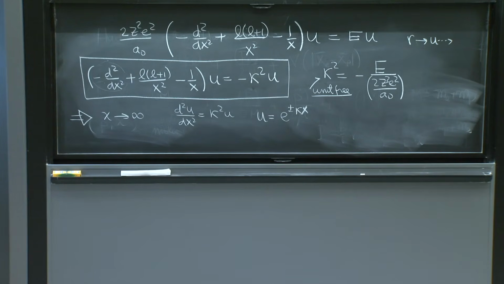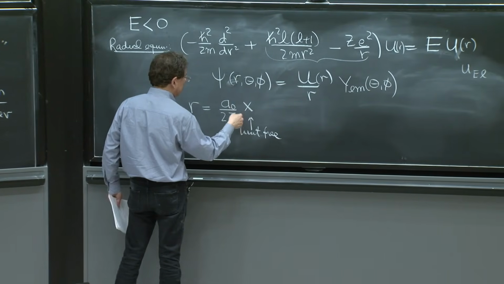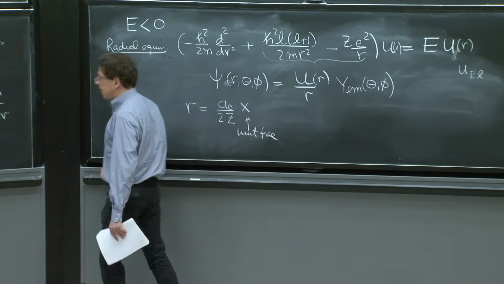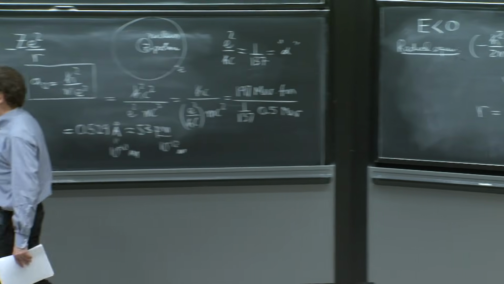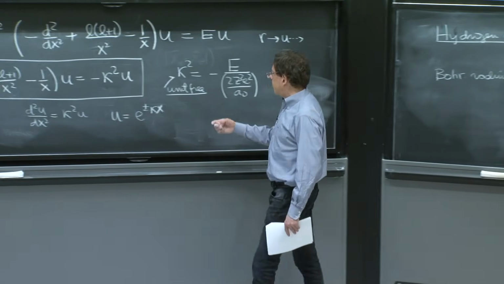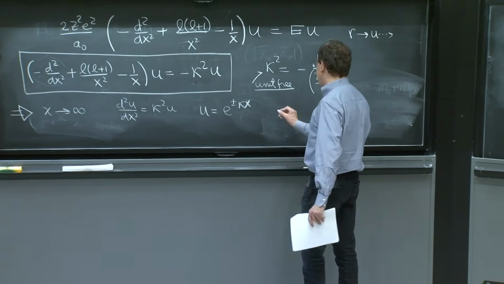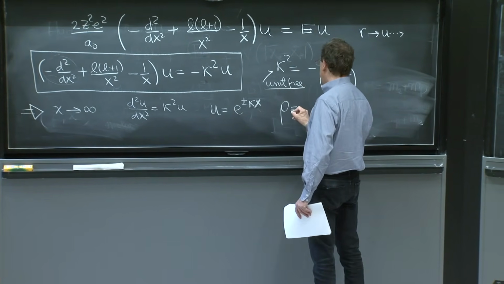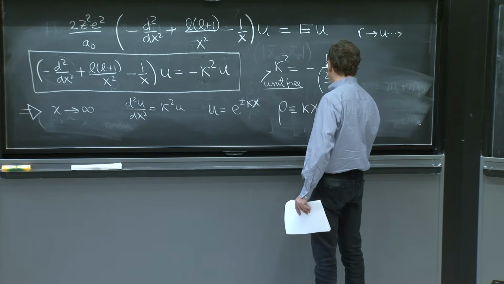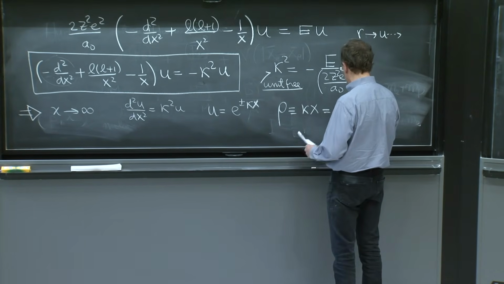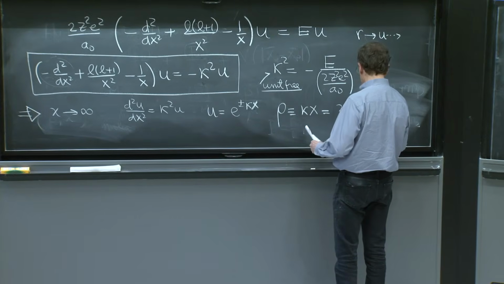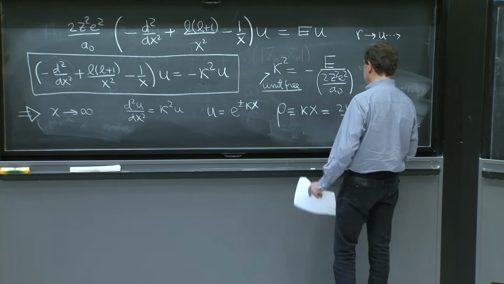So let's move to yet another variable. You see, we started with r being proportional to x, and now we can put factors that may help us without units here. I'm not suggesting that this is something that would occur to me if I'm doing this problem, but it's certainly a possible thing to do, to say, OK, I'm going to define now rho as kappa x. And with x being given by this, rho would be 2 kappa z over a naught r.